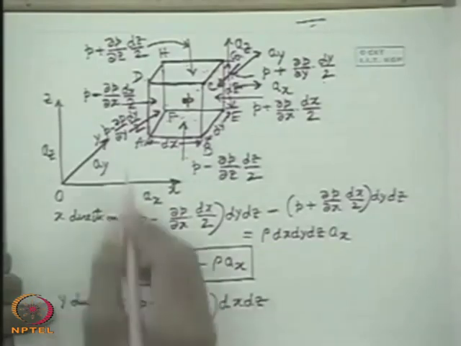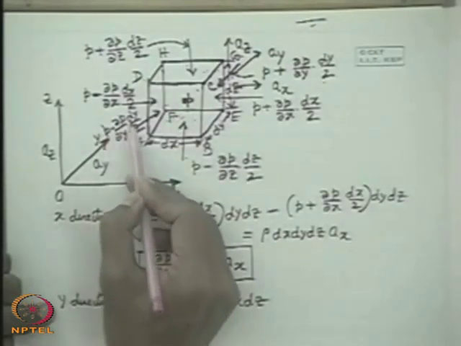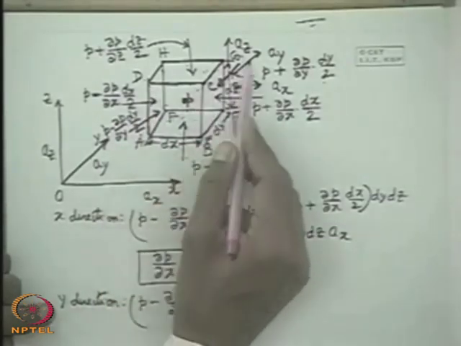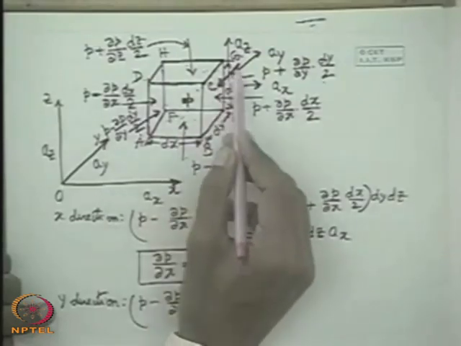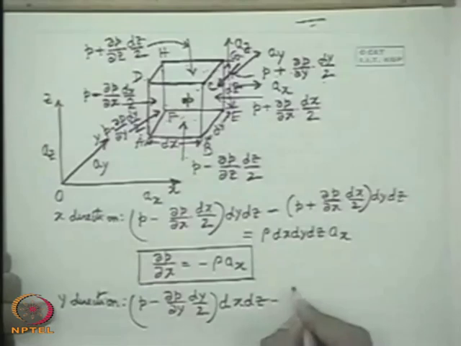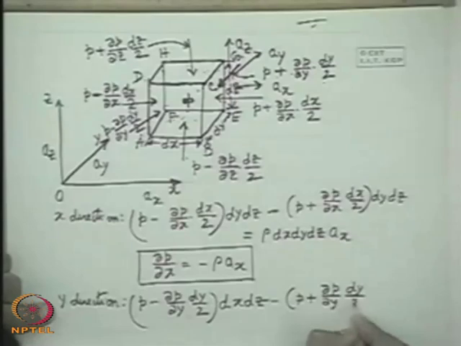That means this is the force on the plane ABCD, minus the force acting on the GHEF plane due to the pressure P plus del P del y dy by 2, and the area is the same, dx dz.